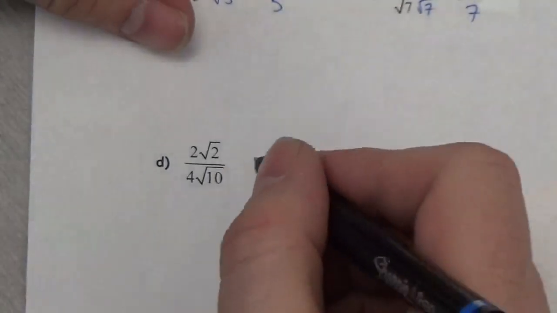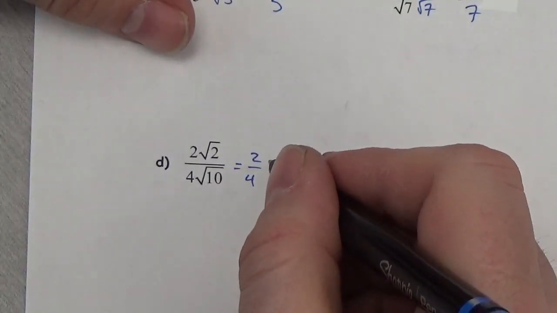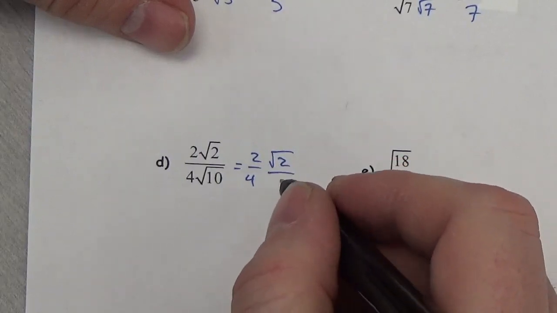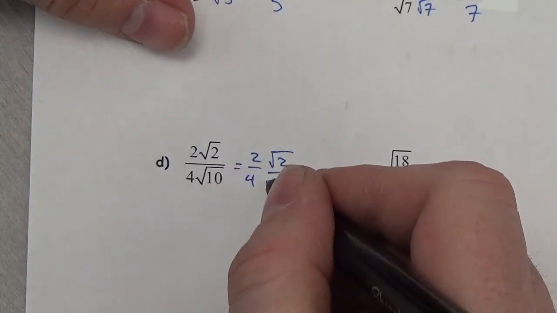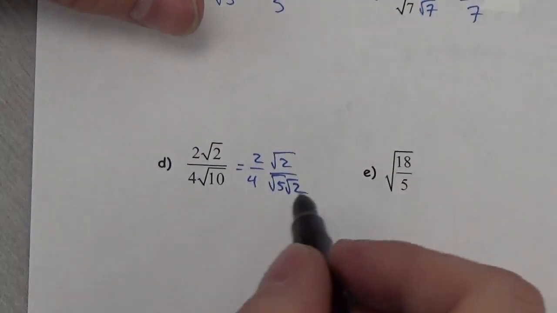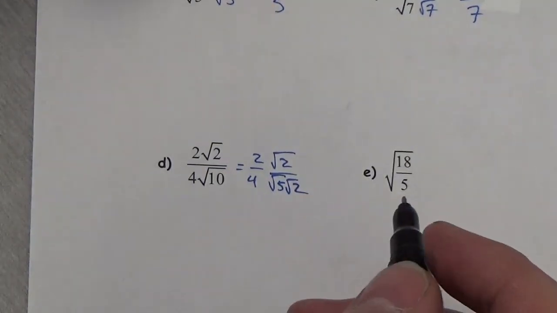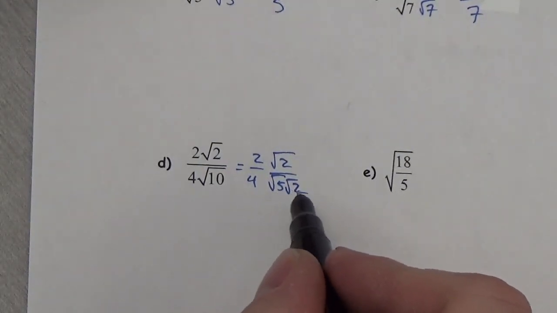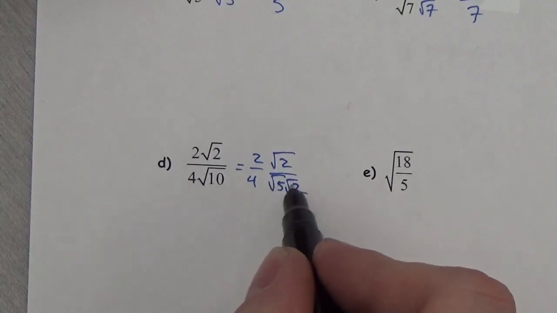Now here, I'm going to try simplifying this first. Now I've got this root 2, and I know that this root 10 here can be rewritten as root 5 times root 2. Now I'm choosing to do it this way here. I know that I can split that up. This is basically just me going in reverse of multiplication, right? If you were to multiply root 5 by root 2, you'd get root 10, which means root 10 is the same as root 5 times root 2.